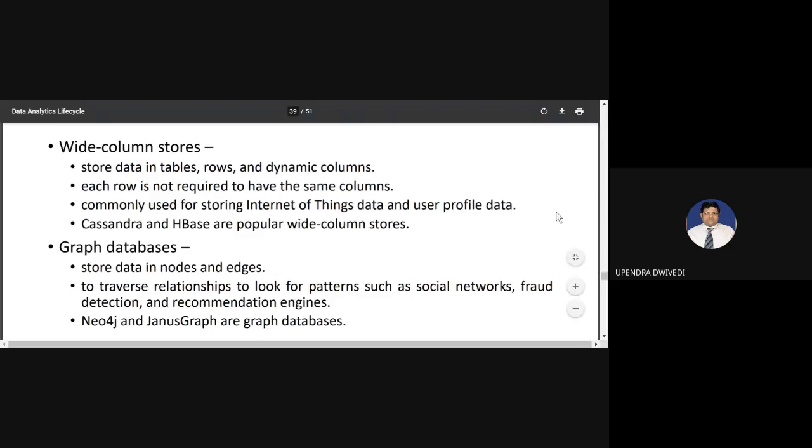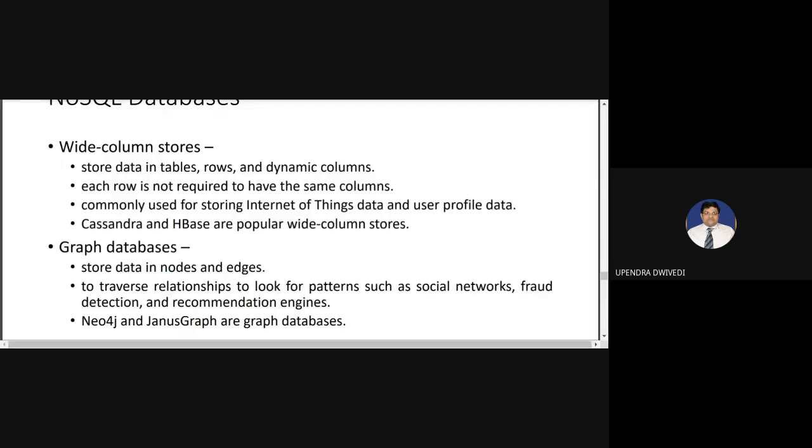The next category of databases is graph databases. When we think about a graph, we think about nodes and edges. There are certain nodes within the graph, and certain edges connecting those nodes. So you can define the data set as a graph.